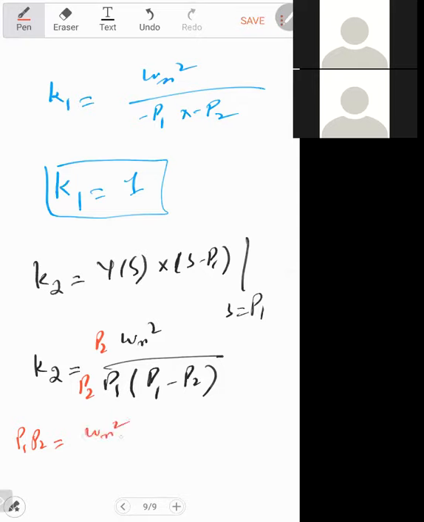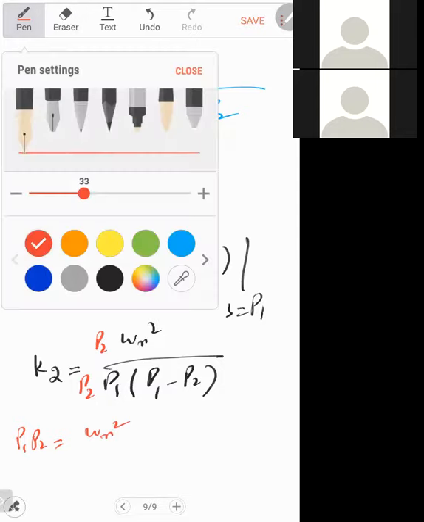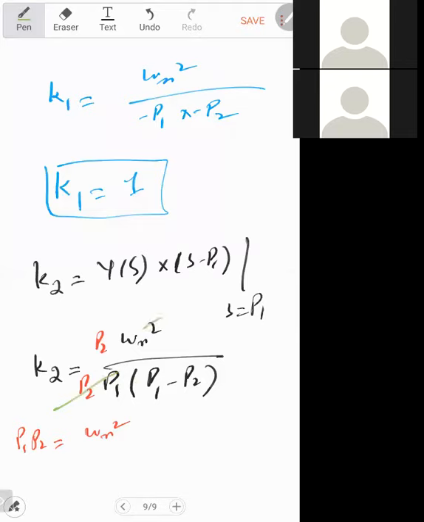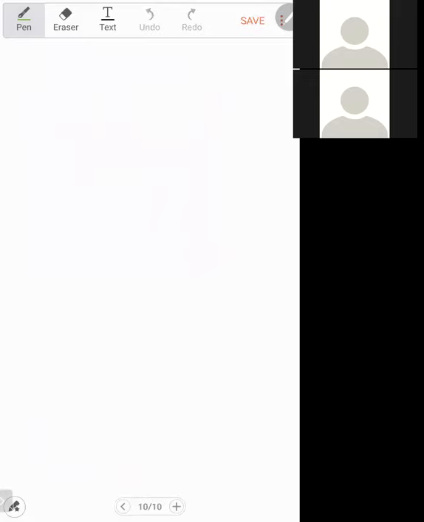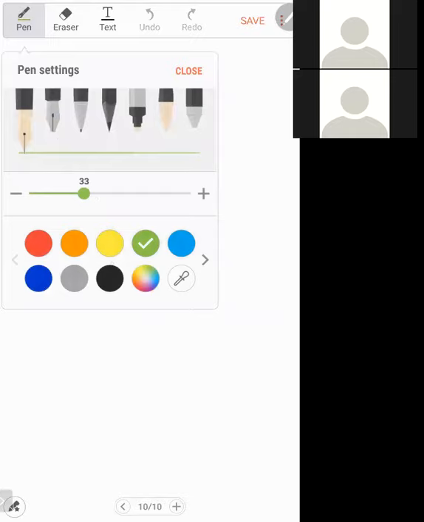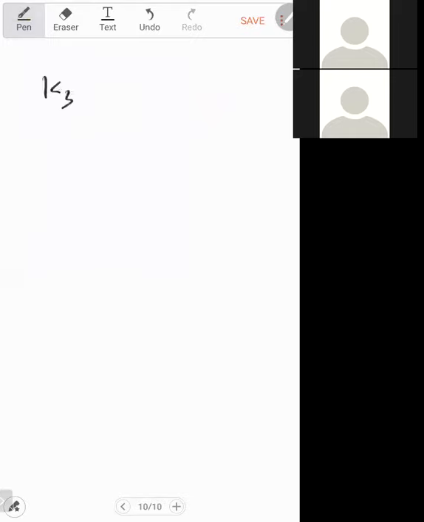So if you get omega n square from this, then you can cancel this one with this one, and you are left only with K2 equal to P2 divided by P1 minus P2. So this is the value of K2, and when you solve this for K3, using the same method, you will get K3 equal to P1 divided by P2 minus P1.